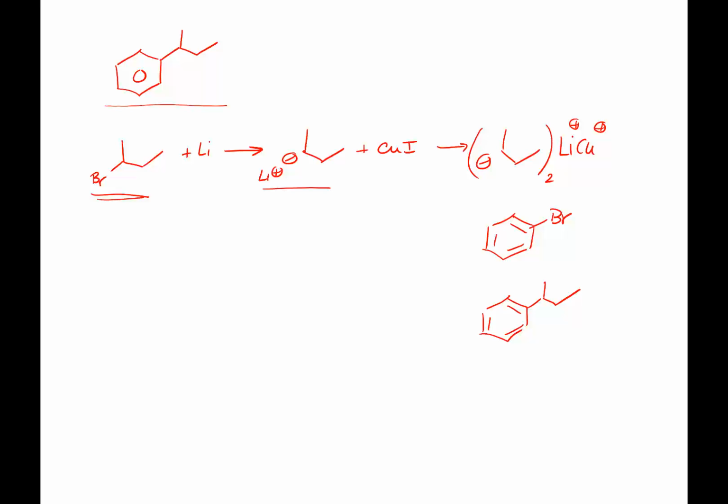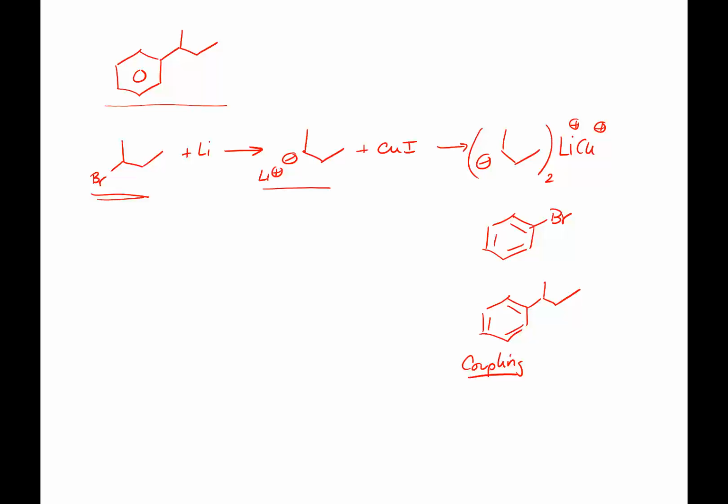And so this is lithium cuprate coupling. There's several other coupling reagents or reactions. There's Heck coupling, there's Suzuki coupling that we'll kind of get to in terms of this same overall process.